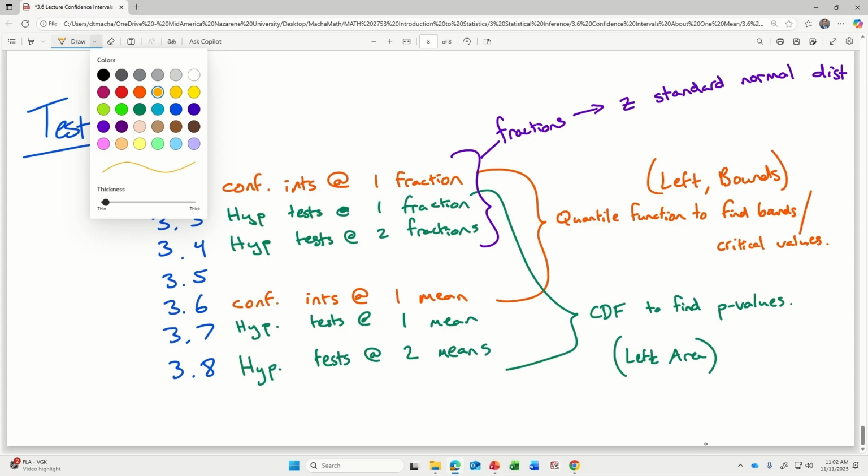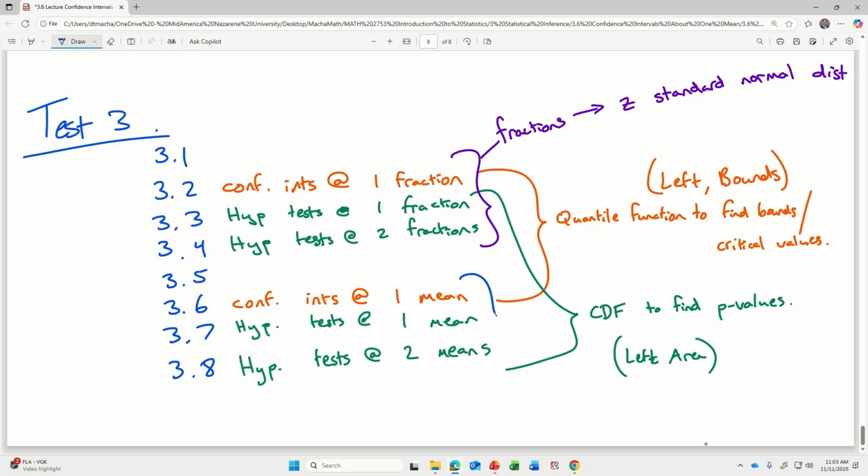How do you know which one to use? If it's a confidence interval, you're going to be using the quantile function. If it's a hypothesis test, you use the CDF. And then for means, we use the t-distribution.